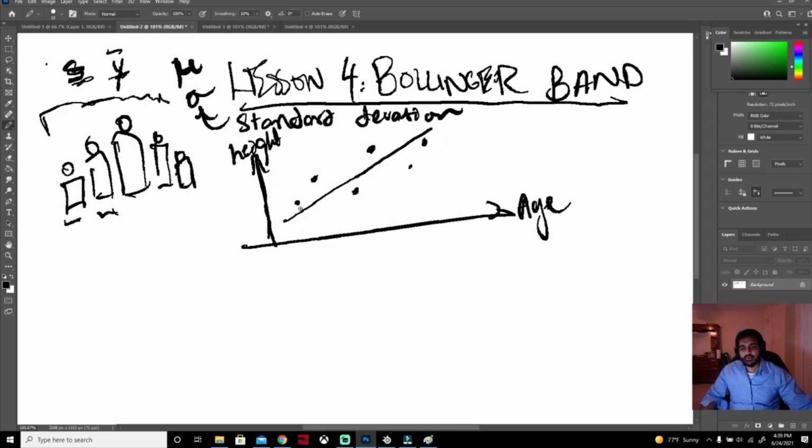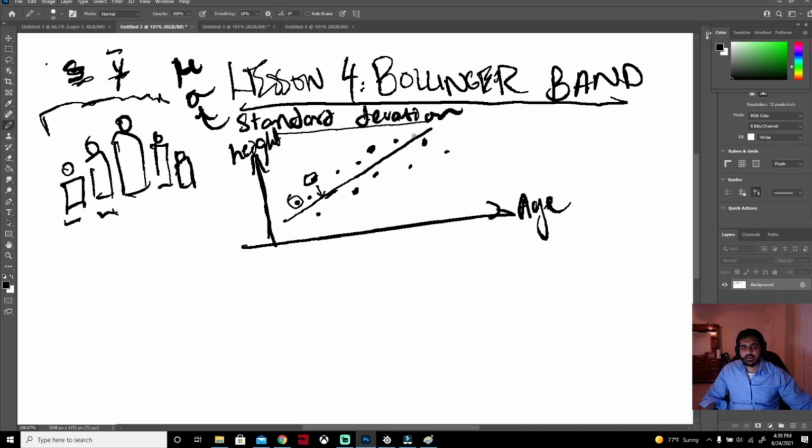Okay, so what you want to see is you'll probably get some other points that are randomly scattered around here, and the way to find out what the standard deviation would be is how far away these points tend to move away from that mean.